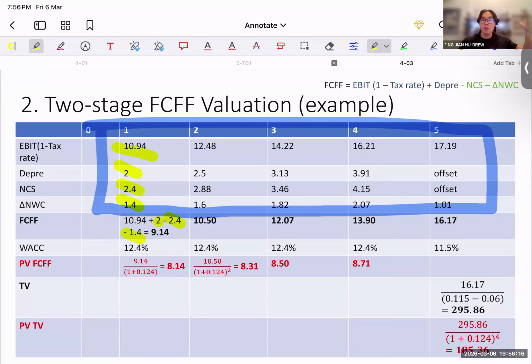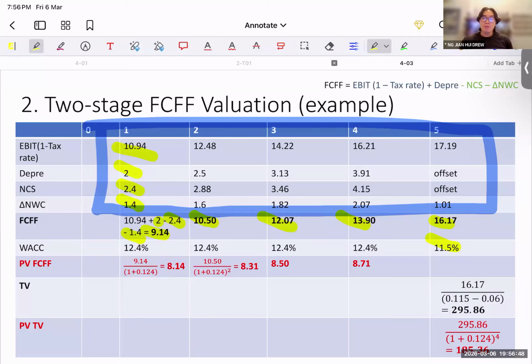So I've now determined all my free cash flows to the firm. But this is not done yet. I'm going to plug in my WACC, which I've calculated earlier. Just be careful that on year 5, it's going to drop to normal growth, meaning that my WACC will be reduced to 11.5.